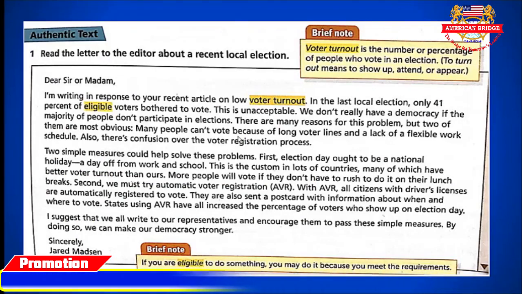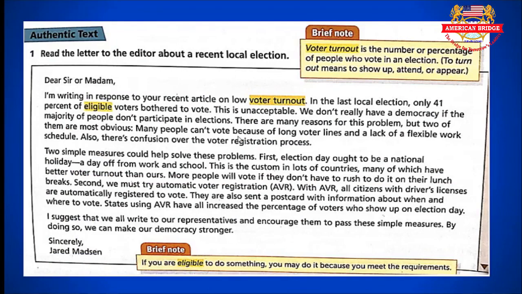Okay, so we are going to discuss our text here. This is a letter to the editor about the recent local elections. So maybe something is irregular. I'm writing in response to your recent article on low voter turnout. In the last local election, only 41% of eligible voters bothered to vote.